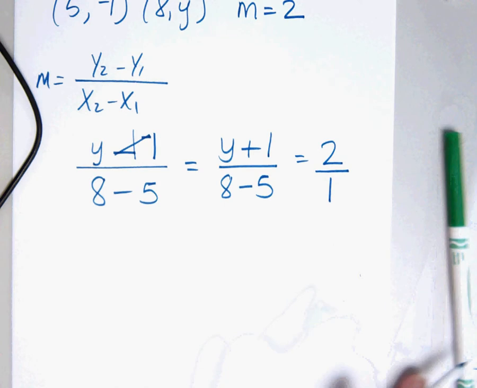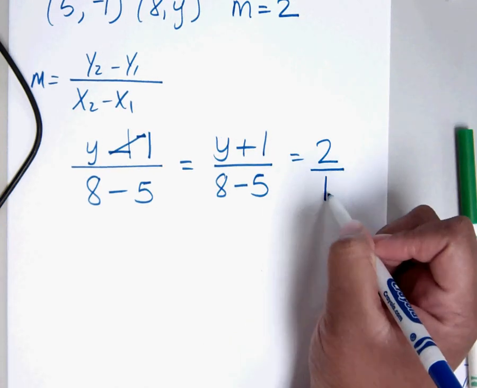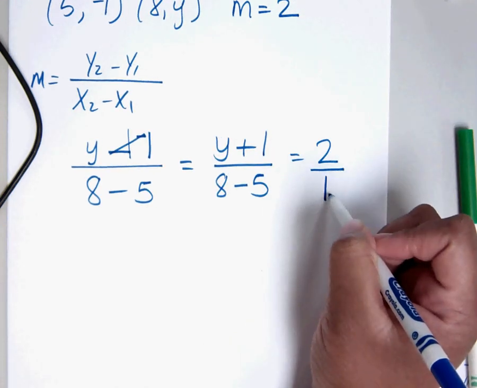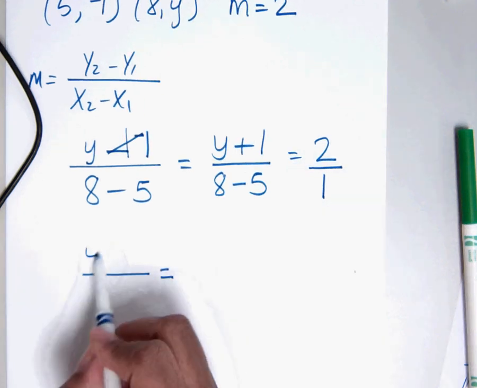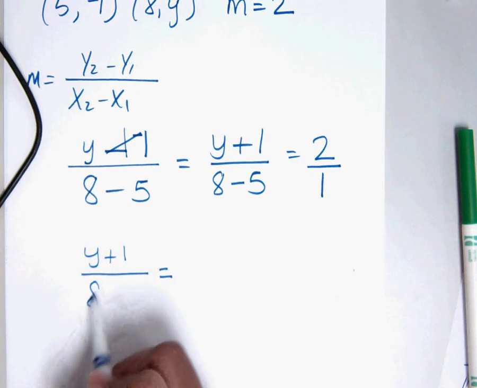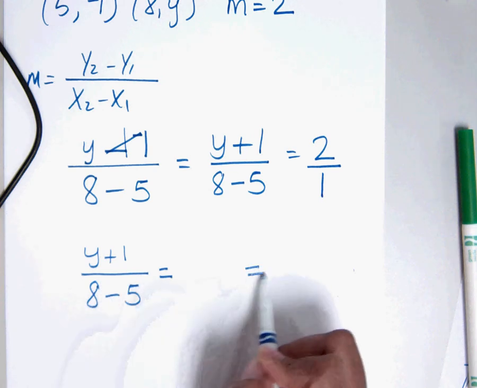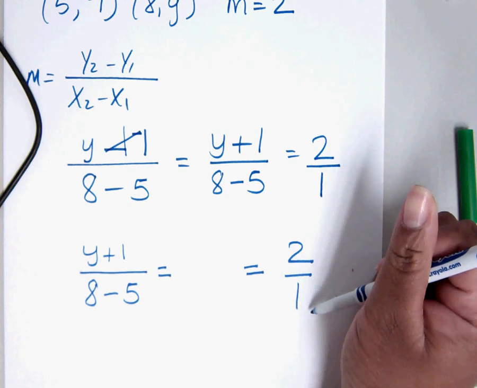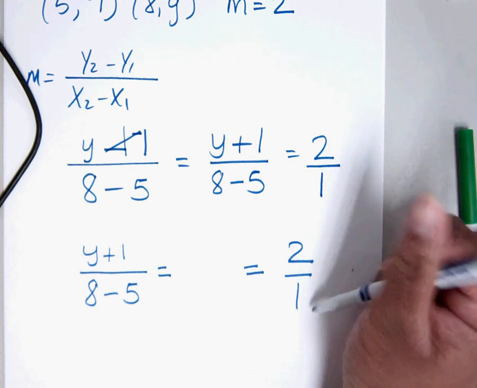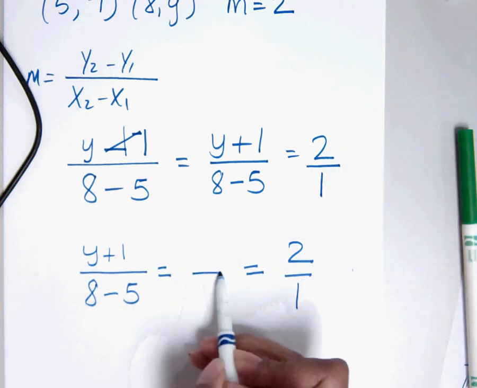So how would we do this problem? So let's see here. What other things could reduce and become 2? So Y plus 1 over 8 minus 5. What else could give us 2? Well, what is 8 minus 5? It's 3.